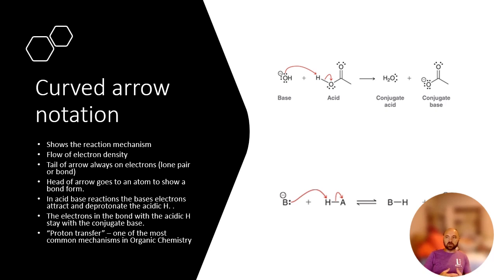The tail of the arrow should always start on some electrons and then go to an atom to show a bond form. So it shows an electron either that's already in a bond or a lone pair of electrons going to another atom and forming a bond with that atom. And the curved arrow should always behave that way throughout all of the mechanisms you draw for organic chemistry.